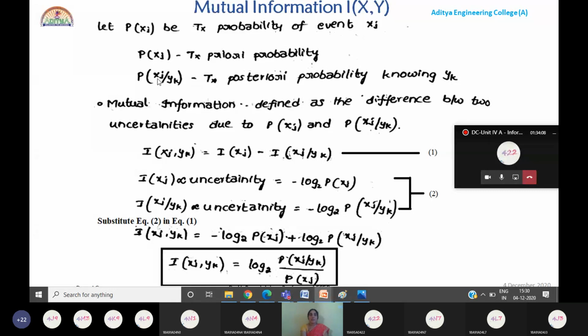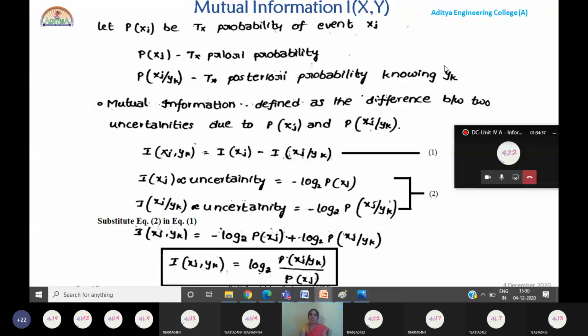And p of xj by yk: remember both the probabilities are for the transmitter events only, but the first one is without knowing the information of receiver data, and the second term represents the posteriori probability. Posteriori probability means after knowing the information of received data.